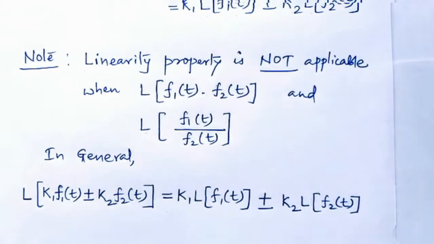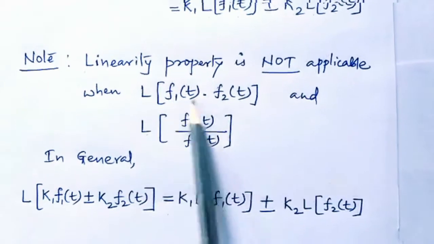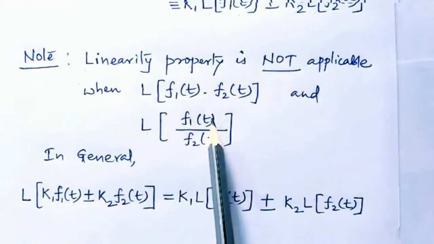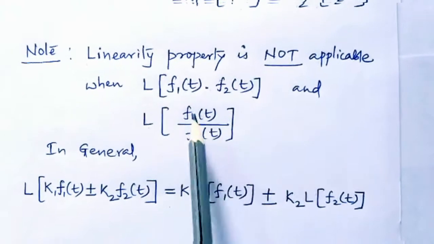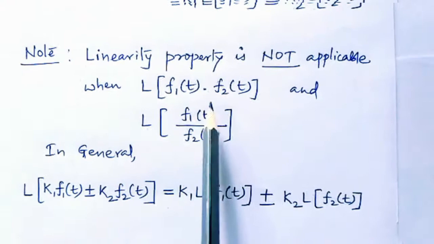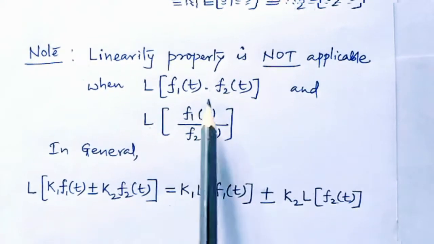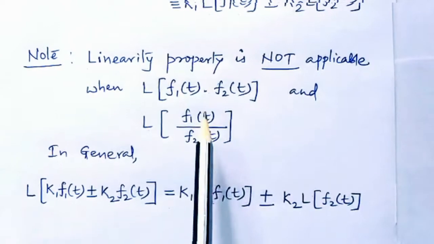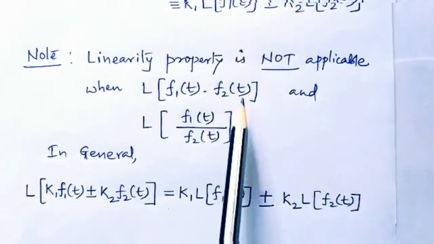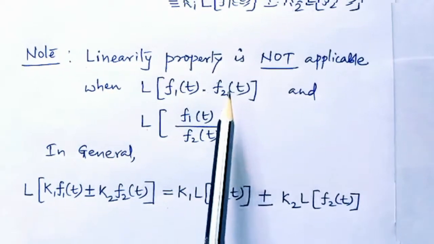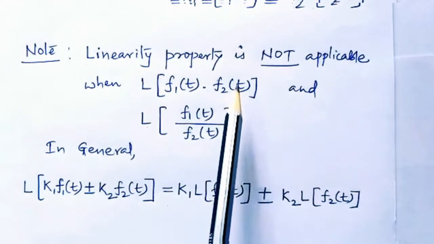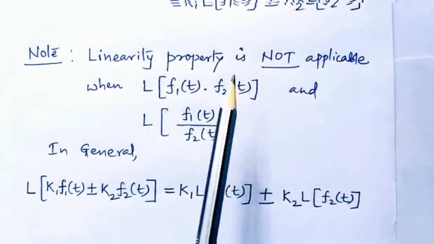Now what has to be done? Whenever we have the product of two functions or f1 of t divided by f2 of t, the quotient, in this case by using suitable algebraic operations, or if it is a trigonometric function, trigonometric properties or formulae, we reduce them in such a way that the Laplace transformation can be obtained with the help of the linearity property.